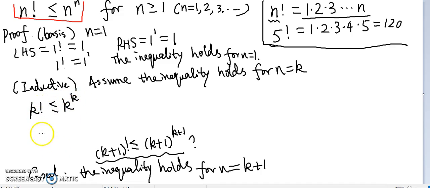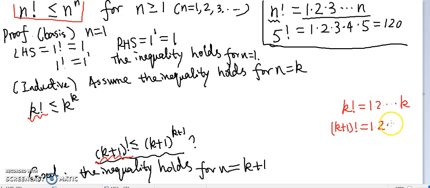And we compare the two left-hand sides, k factorial and k plus 1 factorial. K factorial means we multiply the numbers from 1 to 2 all the way to k. And k plus 1 factorial means we multiply numbers from 1 to 2 to 3 all the way to the last one, which is k plus 1.